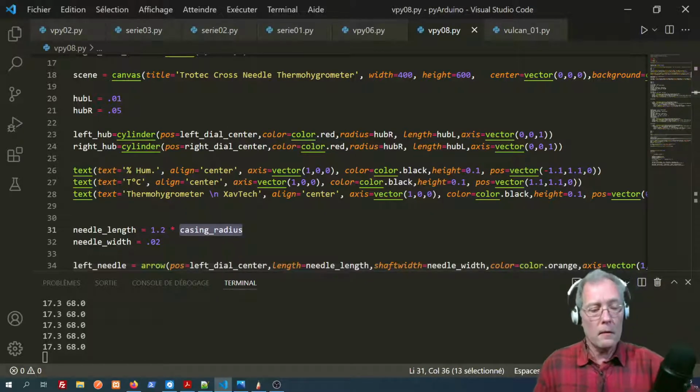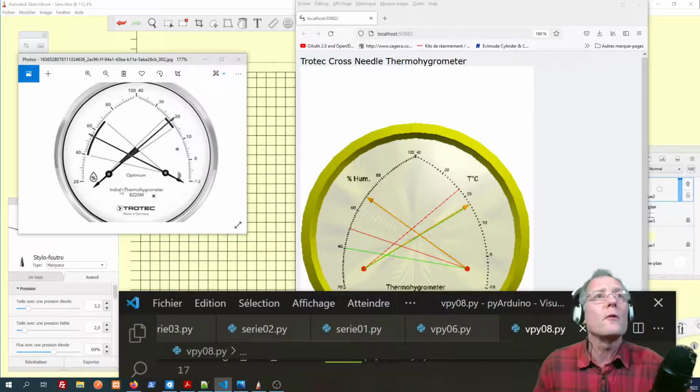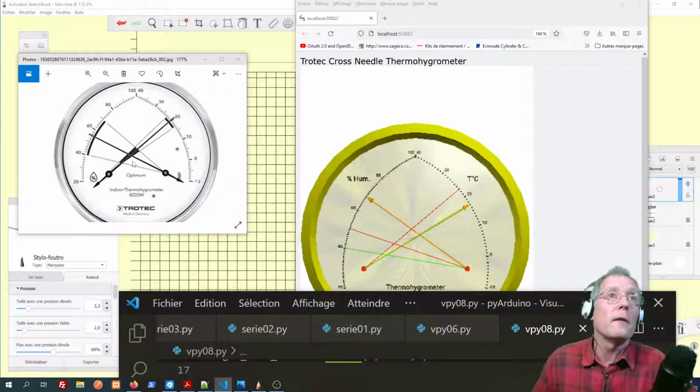If you see the design, as we saw just 1 minute ago, this size from this center, the origin of the arrow, is of course longer than if it was starting from the center of the casing, of the main dial.